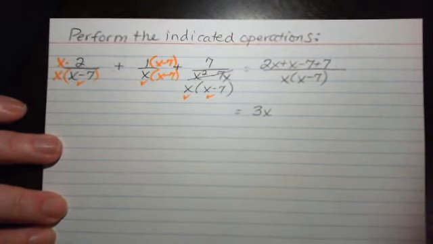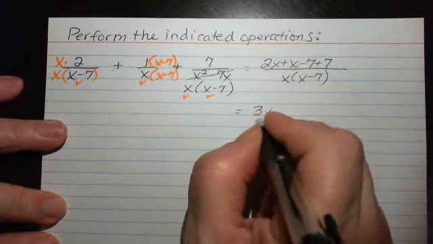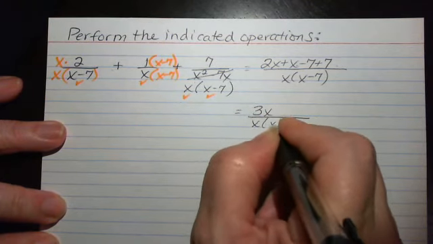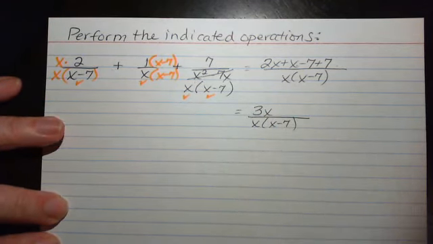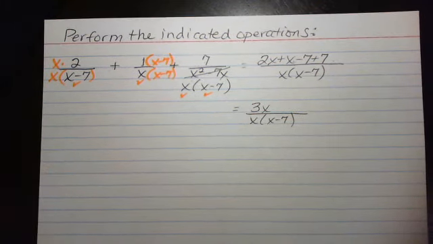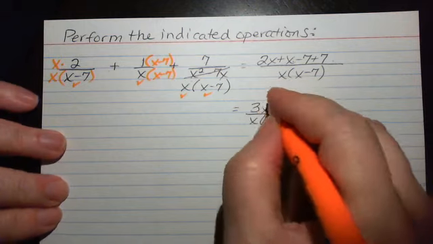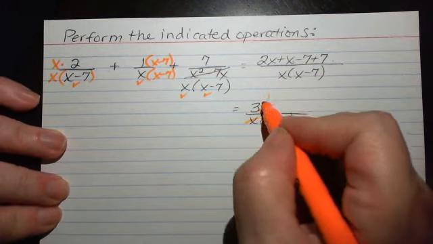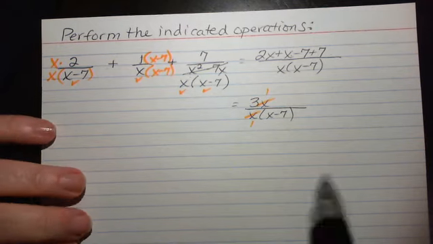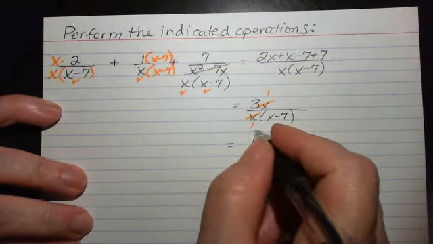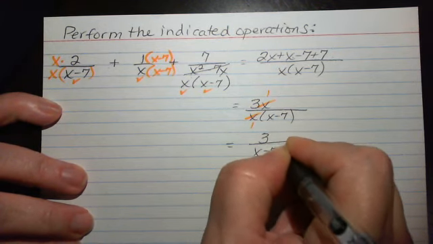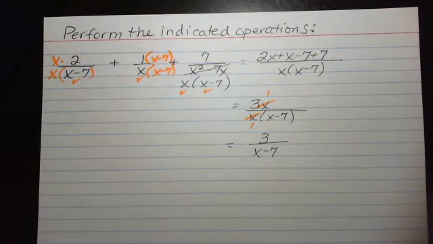Minus 7 plus 7 is 0, so we don't have to write plus 0. Denominator now x times x minus 7. And then we need to check to see if we can simplify, and we can remove a factor of 1. X and x are the same factor, so that's a factor of 1, and so simplified we just have 3 over x minus 7. Okay.